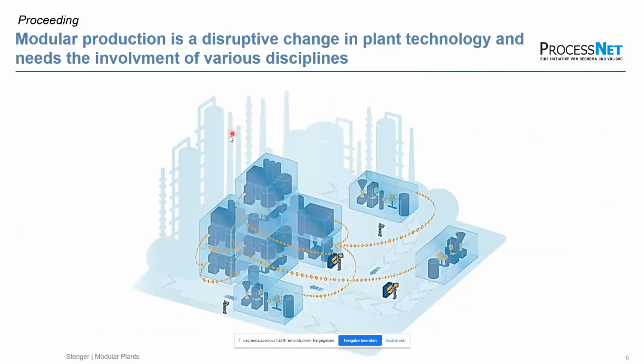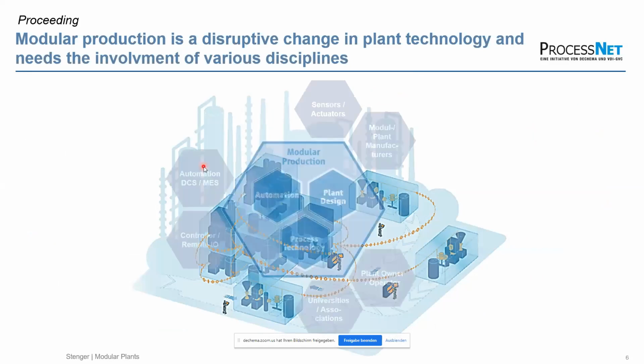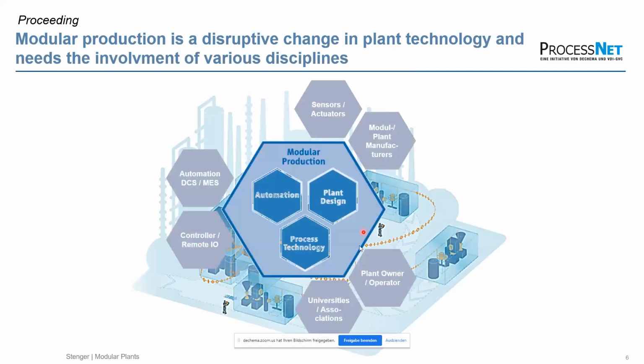So when we talk about such a plant, a modular plant, so bring all your units in a flexible way, this is clear that this is a disruptive change in plant technology, and it needs not only one discipline, it needs the effort of different disciplines: automation, process technology, and plant design.